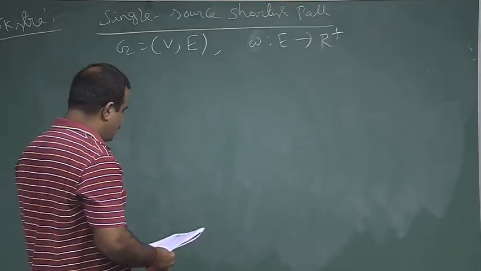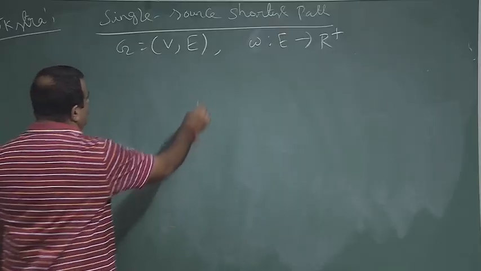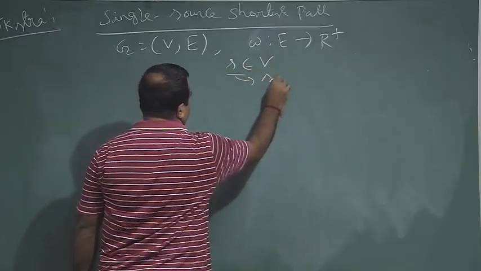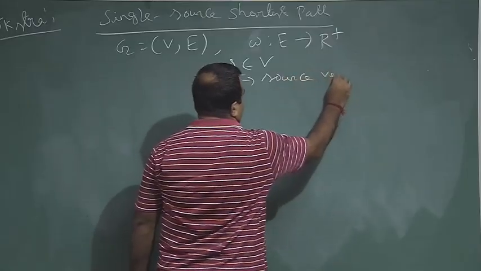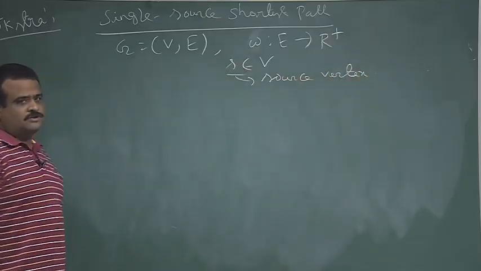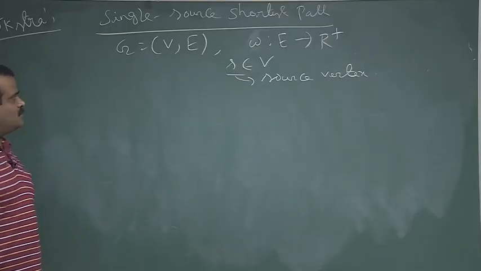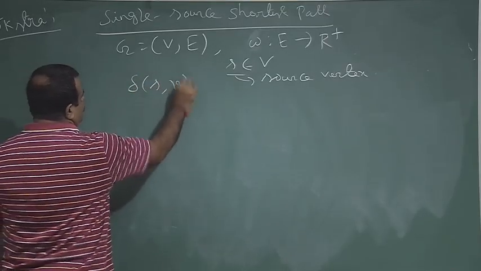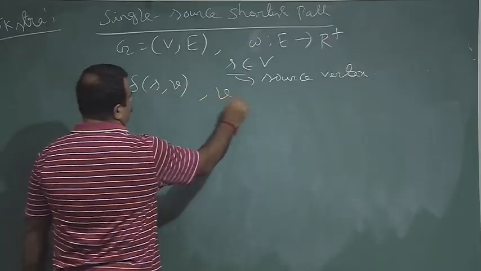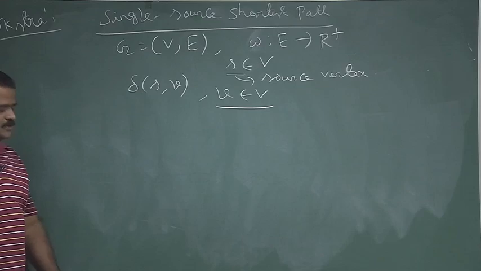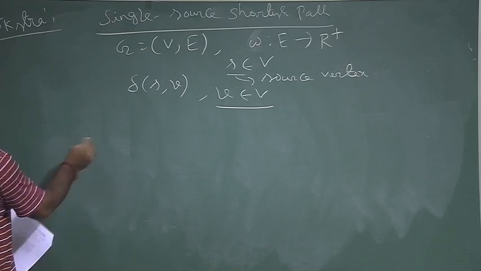Dijkstra's cannot handle negative cycles. We also have a source node, called the source vertex, from which we should be able to find the shortest path to any other vertex. Basically, you are trying to find delta(s, v), where v is any other vertex. This approach is a greedy approach.